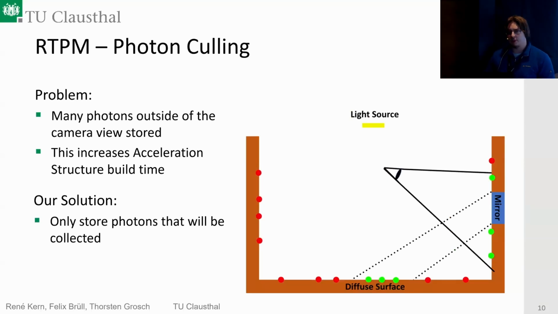That is a problem because it costs a lot of computational time as well as memory, which we would like to avoid. So our main idea was to just store the photons we actually see, because every other photon does not contribute anything to the end result.